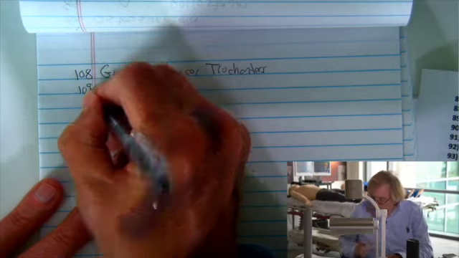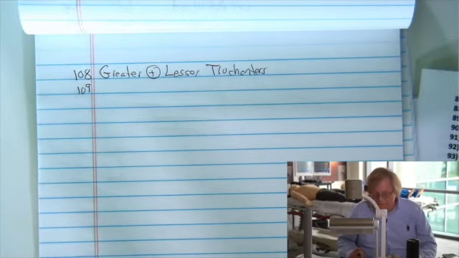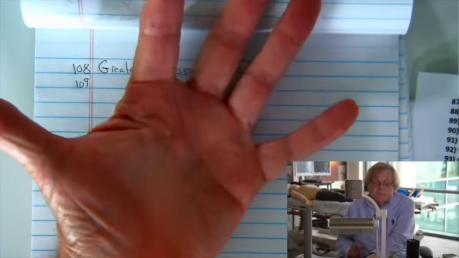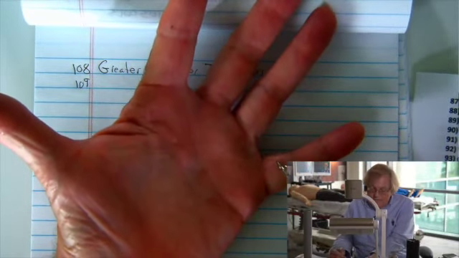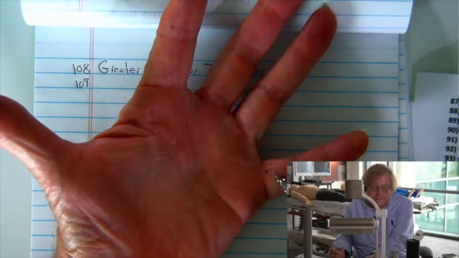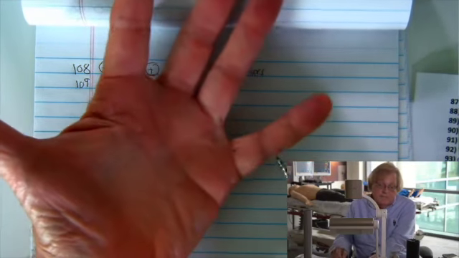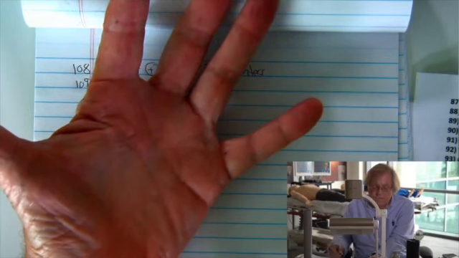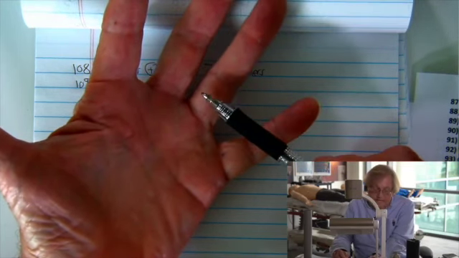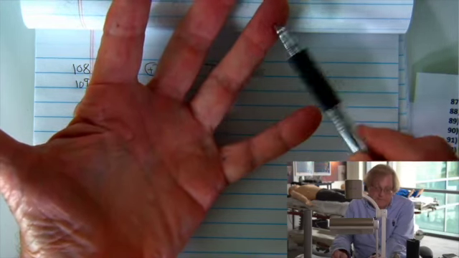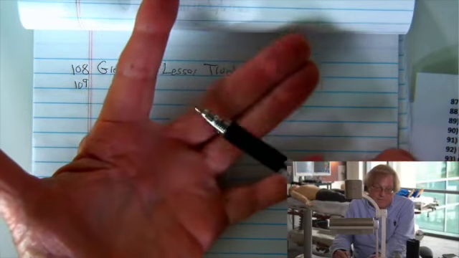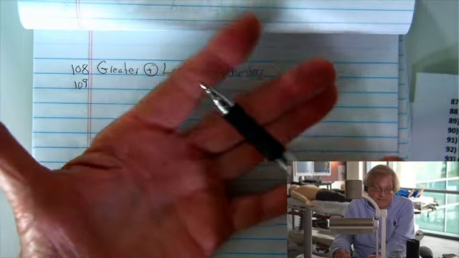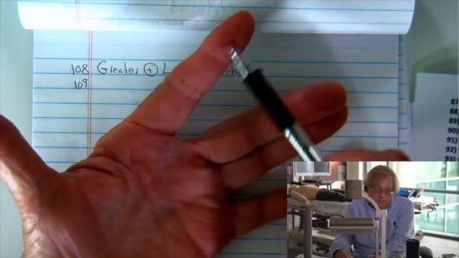109 says the number of phalanges. Remember, when you're looking at your hand, you've got 3 phalanges here. So my little finger, or my digiti minimi, has a proximal, medial, and distal. That's 3. I've got my second finger, proximal, medial, distal. That's 3 more. I've got my third finger, proximal, medial, distal. That's 3 more. I've got my index finger, 1, 2, 3, 3 more.